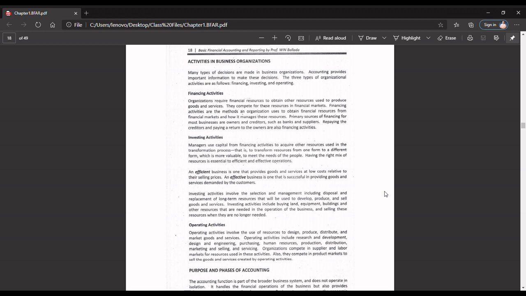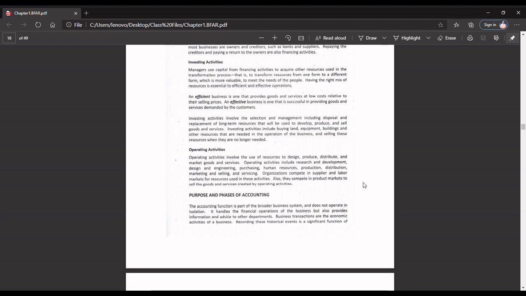And from those sales, you give money to the investors or stockholders in the form of dividends. So, selling stocks is a financing activity, while buying stocks is an investing activity. Please don't be confused by that example.